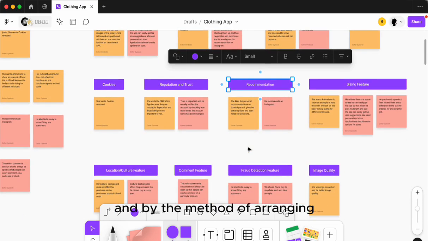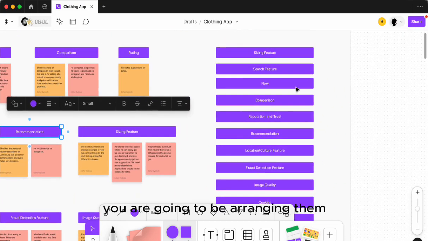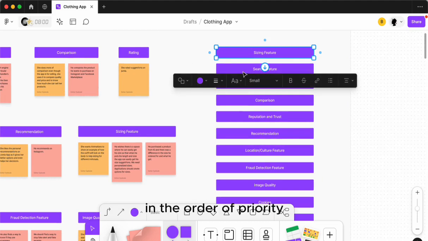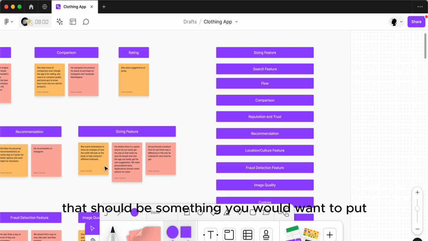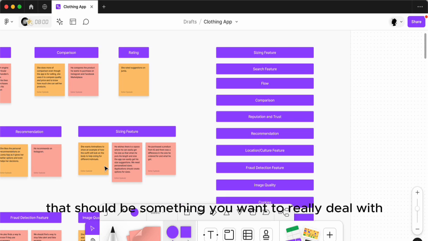By the method of arranging, you are going to be arranging them in the order of priority. If you see a particular feature or a particular category that people really complained about the most, that should be something you would want to put credence on. That should be something you want to really deal with first.